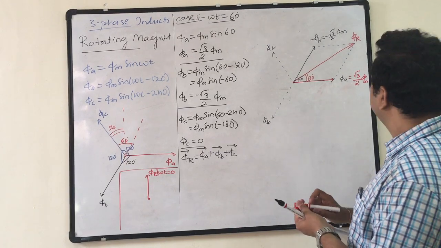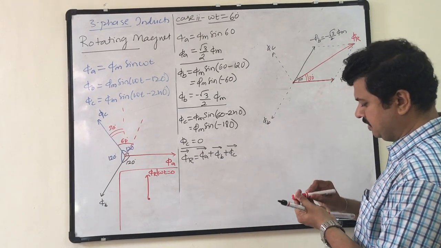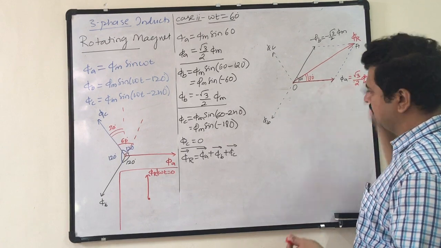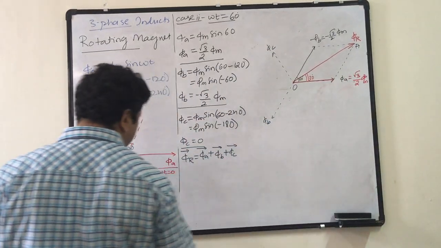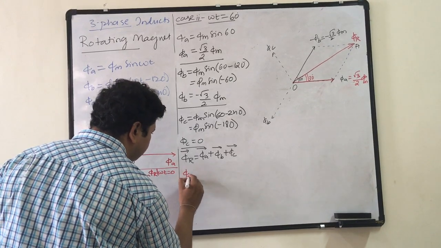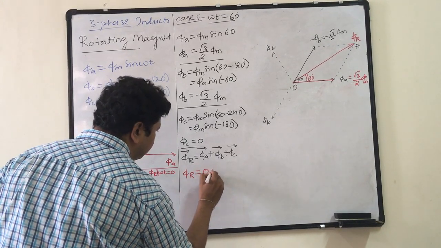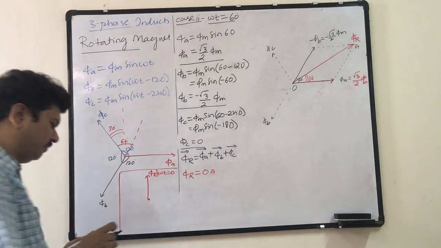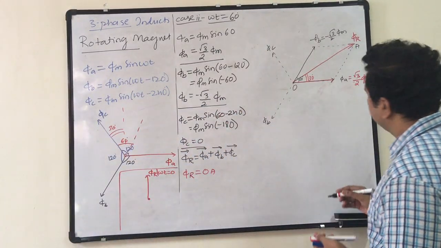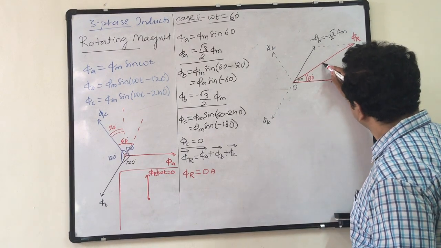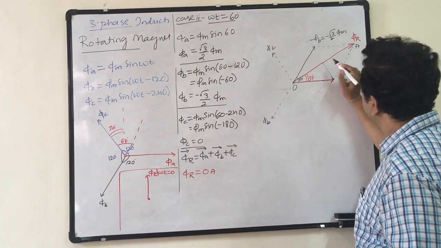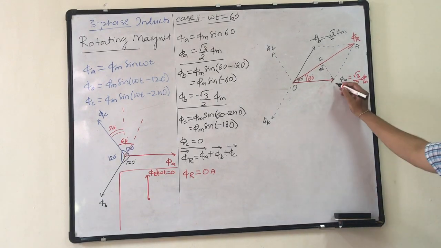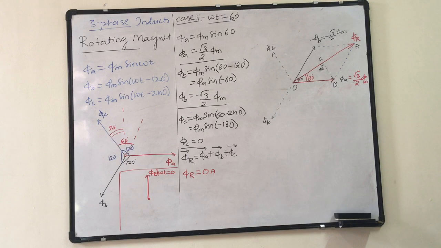Let this be O, let this be A. Phi r is equal to OA, the length of vector OA. We will have a small construction again here. Let this be C, making a right angle, and this be B.